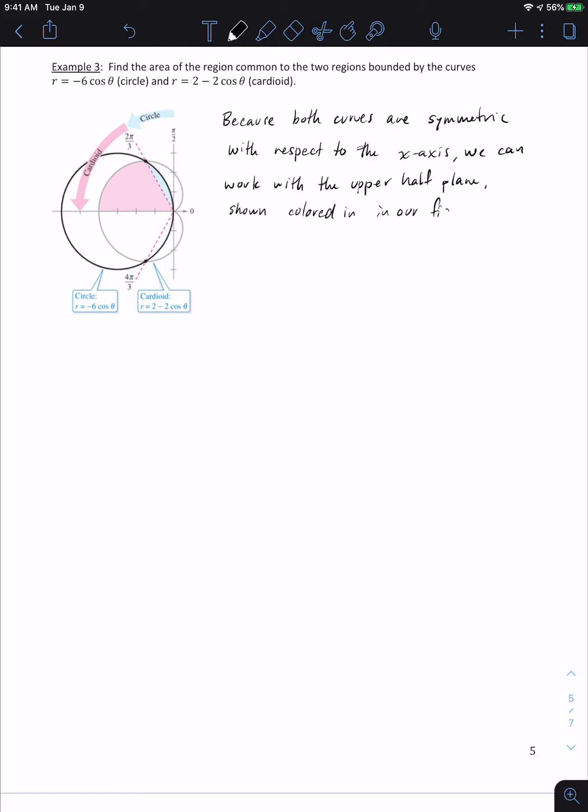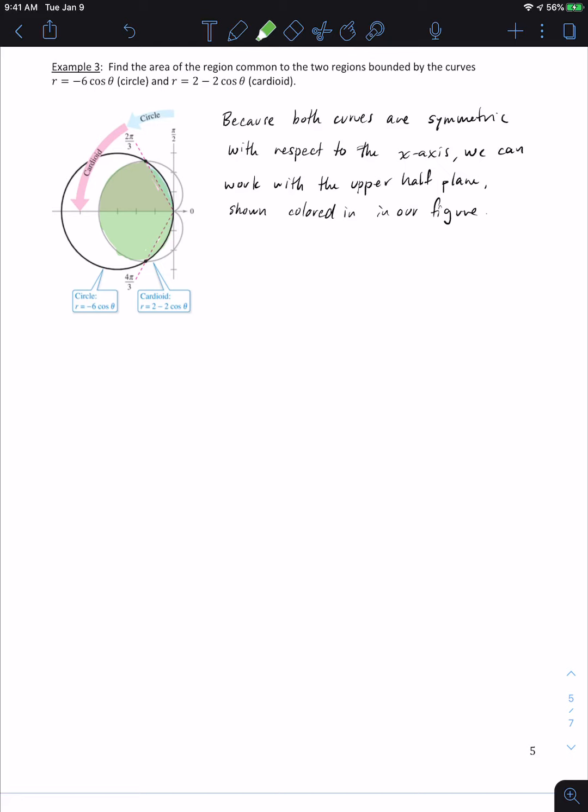our figure. So what the question really is asking us is to find the area that's common between the two regions. In other words, it's asking for this area right here, because that's the area that's common to the circle and the cardioid.